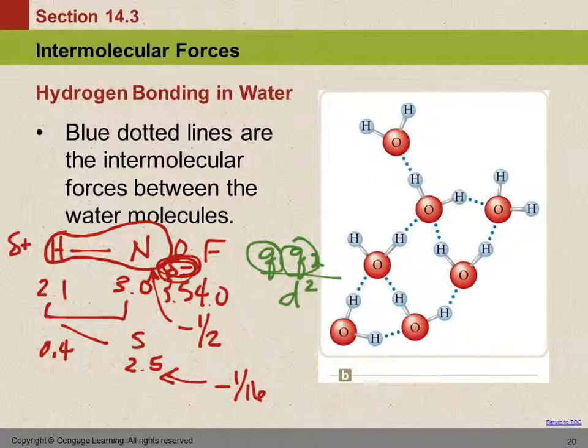If the Q's are smaller, the force of attraction is smaller. Because the difference in electronegativity is greater between hydrogen and nitrogen, oxygen, fluorine than between pretty much any other elements, you get this larger charge and a stronger attraction. Okay?